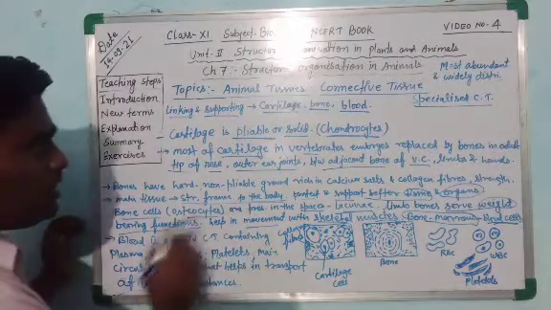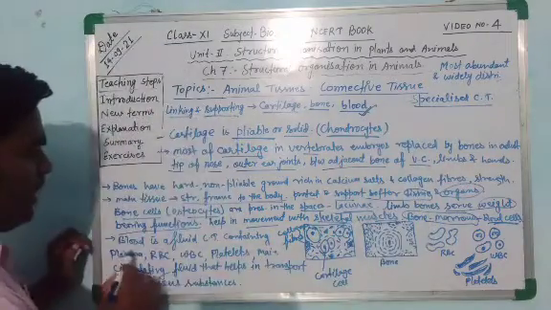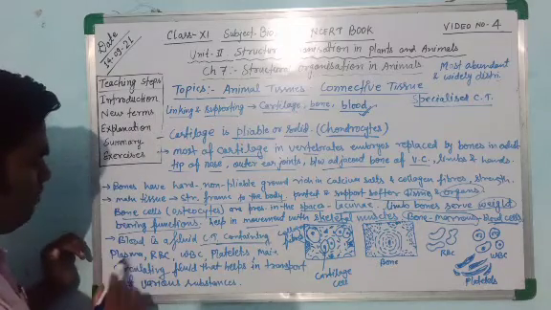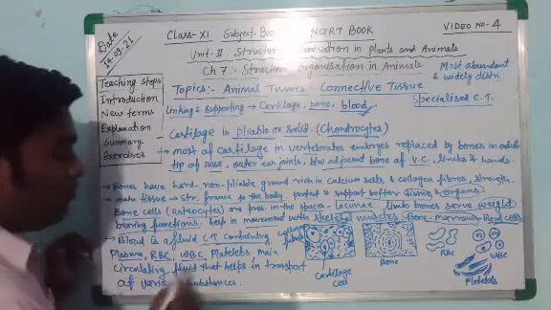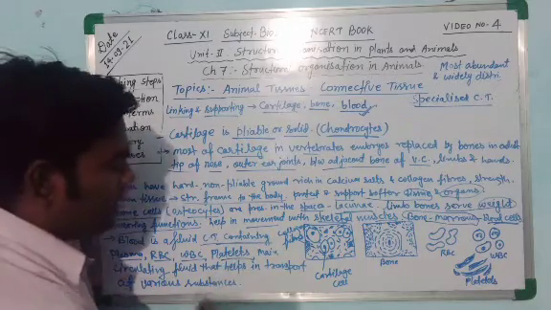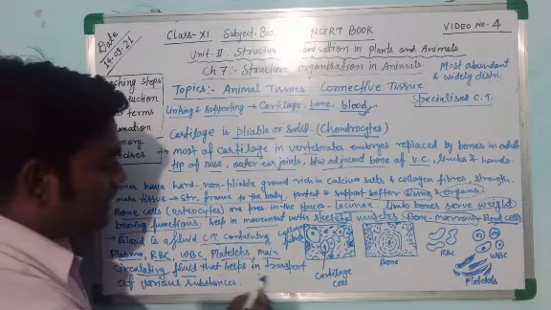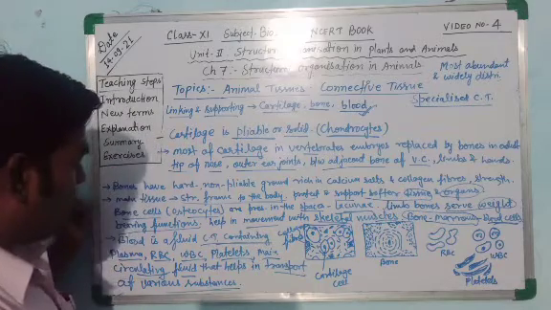Now the third type of specialized connective tissue is blood. Blood is a fluid connective tissue which contains plasma, red blood cells, white blood cells and platelets. It is the main circulating fluid that helps in the transport of various substances in the body.